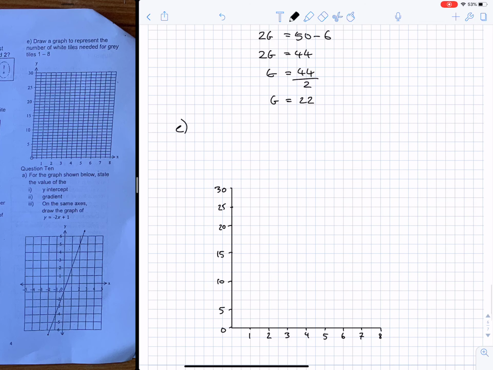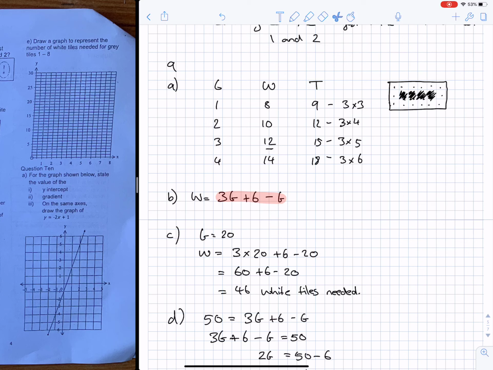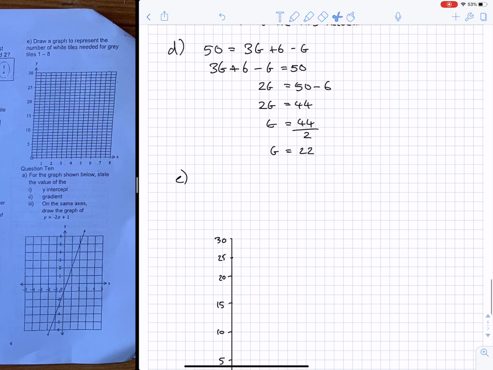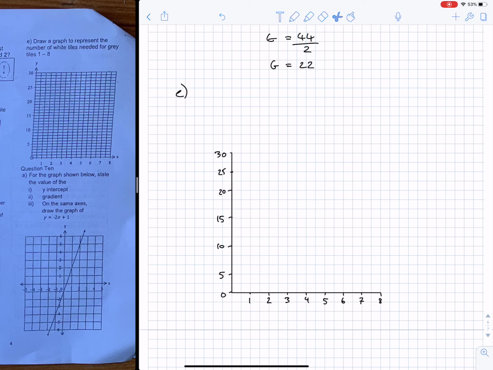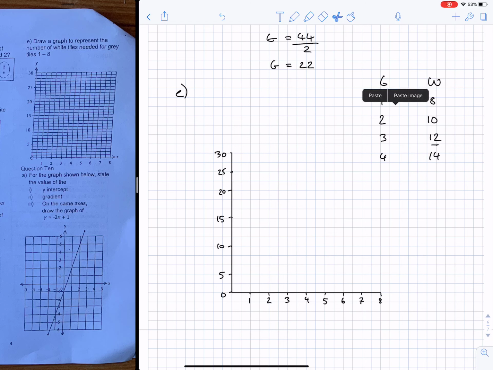So if we go back to recreate something like this table right here, but instead of 1 to 4 we need 1 to 8. So let's copy this and just add on to it. Shrink this down. Can we shrink this down? There we go.